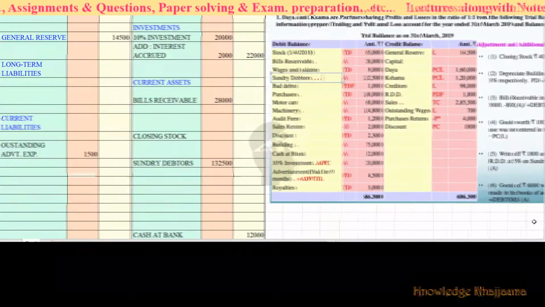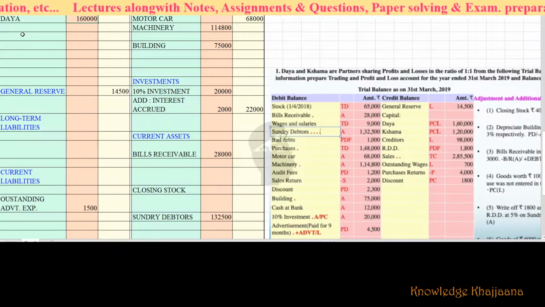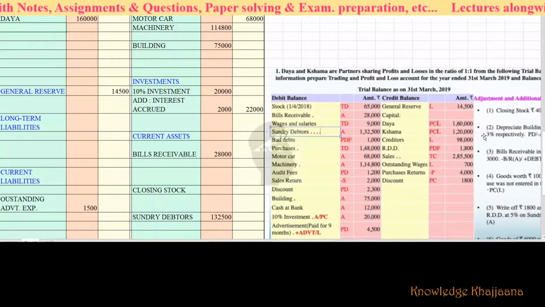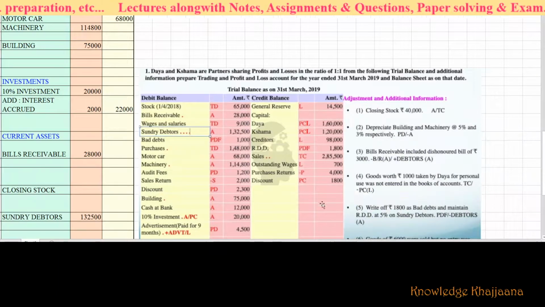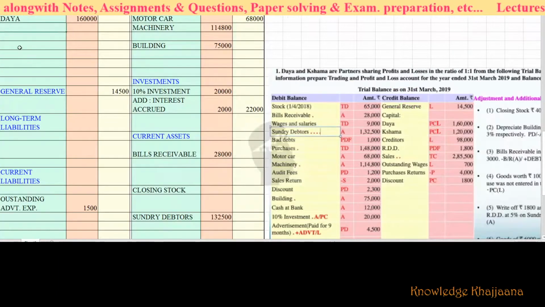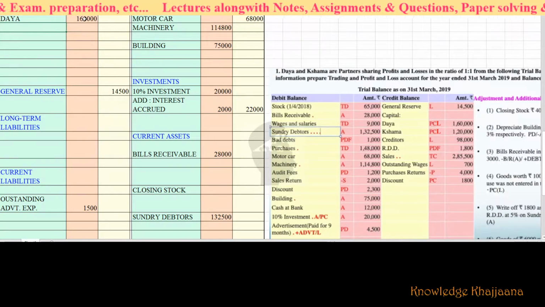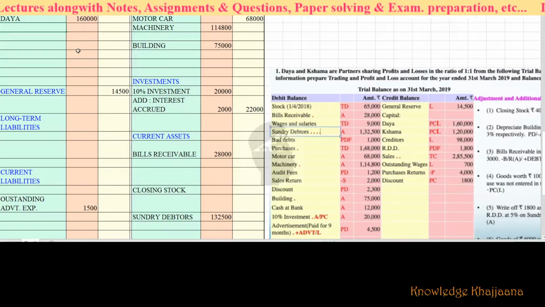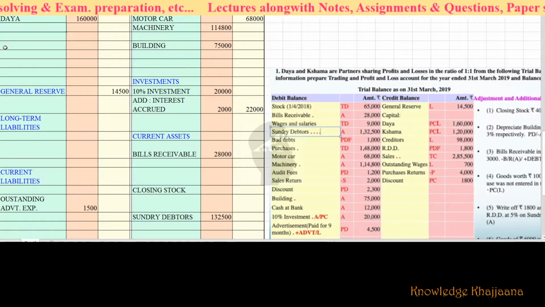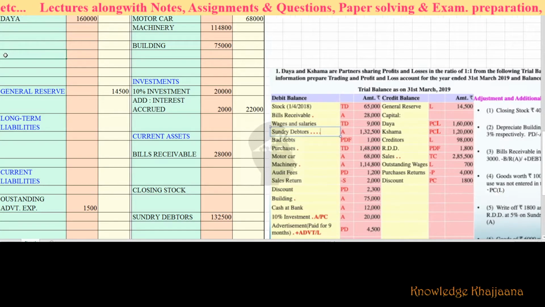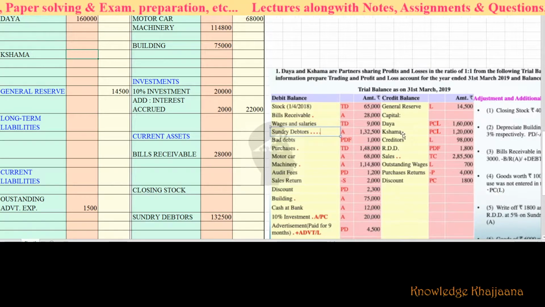Okay, so we have to write it over here. 1,60,000 was the capital of Daya, and Daya has withdrawn. For that we will leave some space over here. Okay, so we will write the amount of capital in the inner column. Okay, then Kshama. What is the capital of Kshama?